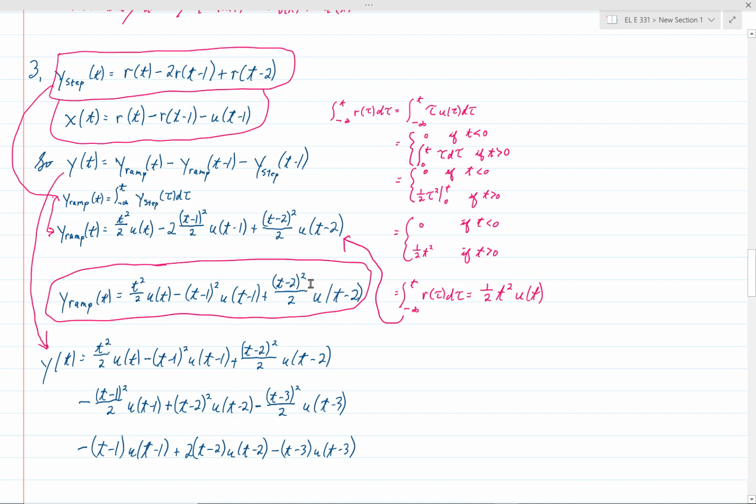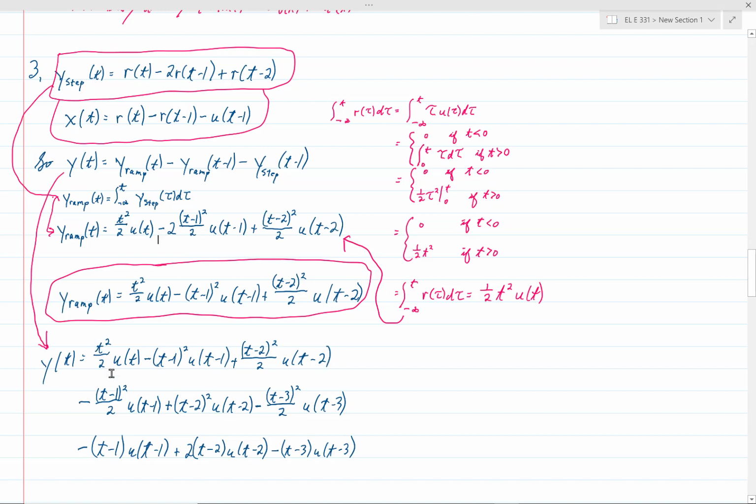So notice that this is just the same as that. The first line is y sub ramp of t, just as it says right here. Then we have minus the response to the ramp of t minus 1. So this second line is the minus y ramp of t minus 1. So it's minus what we have in the first line, but with everything shifted by 1.